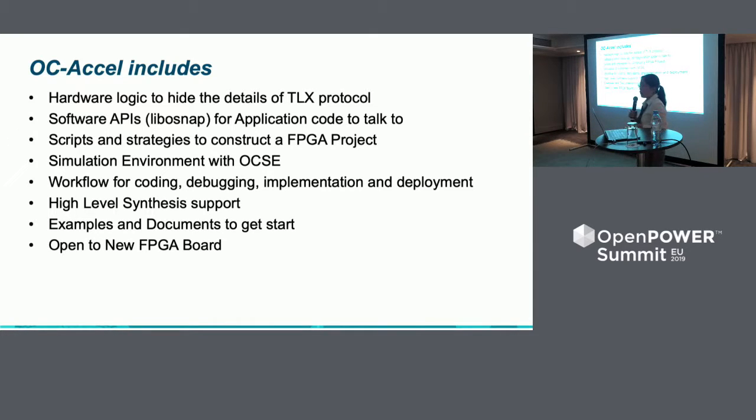It also has a software library, a user library, liboc-accel, that provides some very simple functions to open the device, attach the action, access the registers and so on. It also has all of the scripts and strategies to construct an FPGA project.